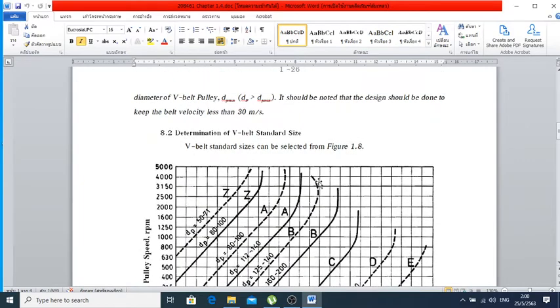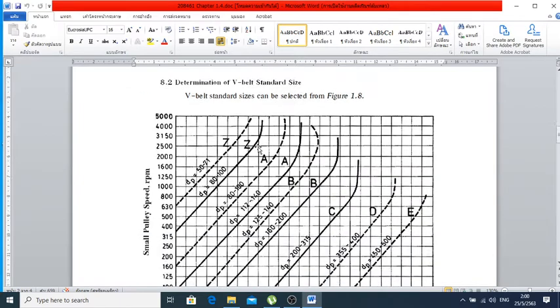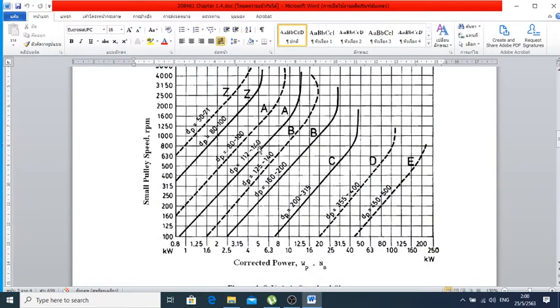And then you have to determine the characteristics on this kind of table for the corrected power. You just open up this kind of table, use the small pulley speed, things like that, and then you can pick up the characteristics of the belt.